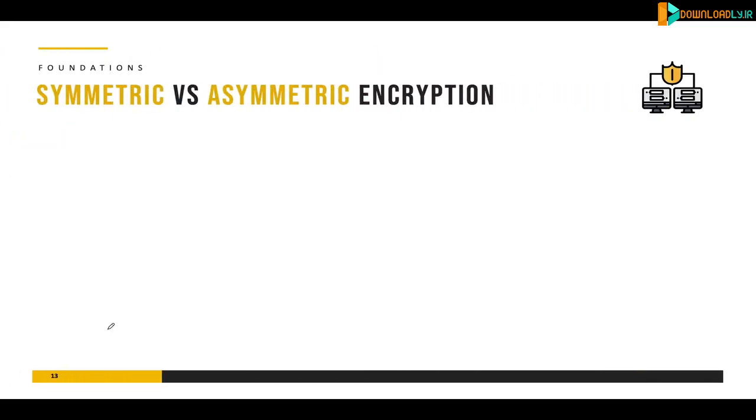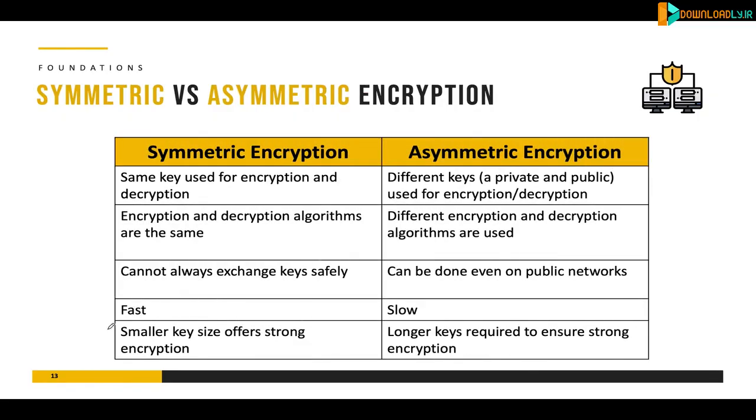A quick recap on the differences between symmetric and asymmetric encryption. In symmetric encryption, we always use the same key for encryption as well as for decryption. But in asymmetric encryption, we use different keys, private and public. In symmetric encryption, the encryption and decryption algorithms or ciphers are exactly the same.